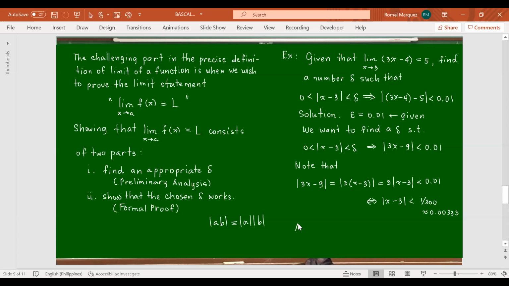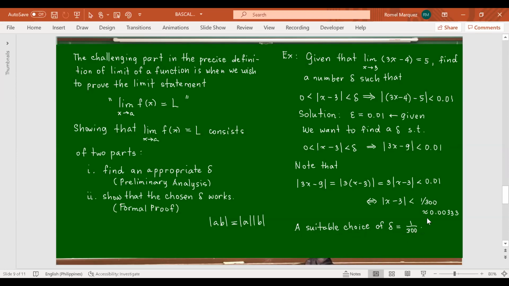A suitable choice of delta is equal to 1 over 300. Okay, guys? So corresponding to this error tolerance, which is 0.01, the delta is 1 over 300.